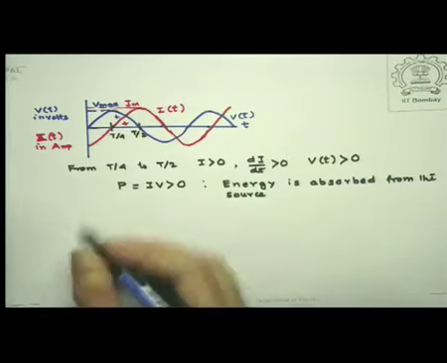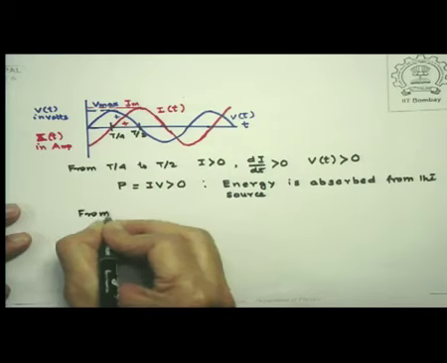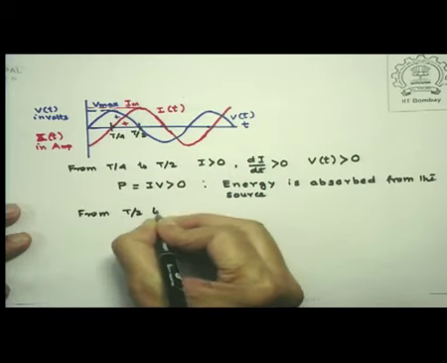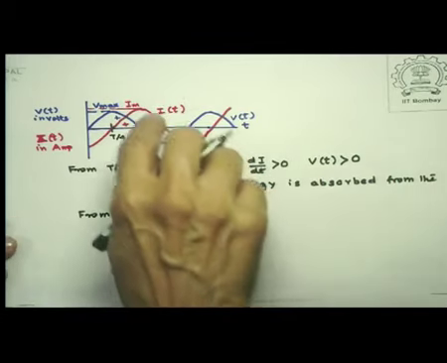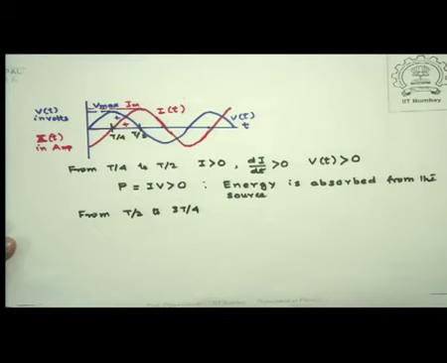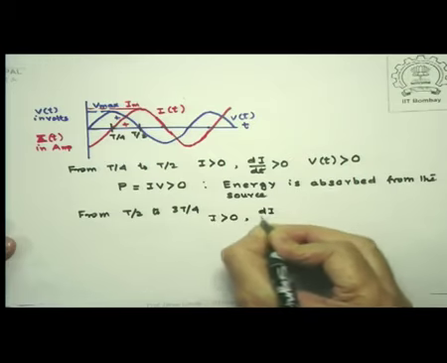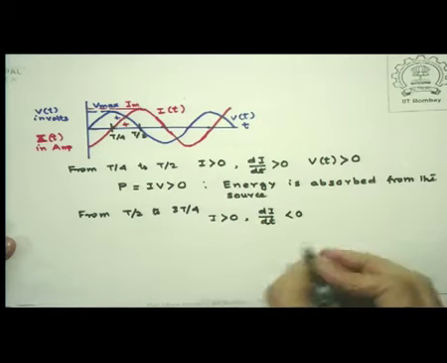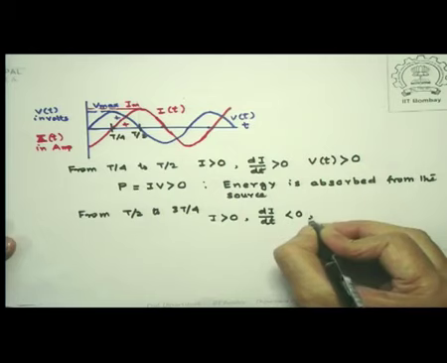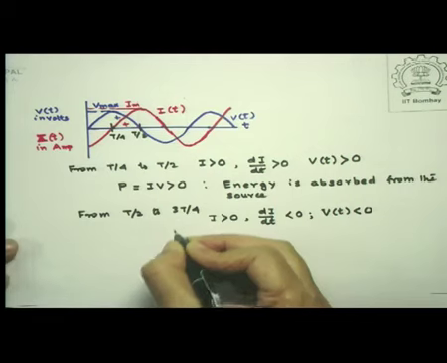Now let's go to the next quarter cycle, from T by 2 to 3T by 4. The current, which had become maximum, starts decreasing, but it still remains positive. So I is greater than 0, but di by dt is less than 0, which, as you can see from the curve and from the signature of di by dt, means V of t becomes negative.